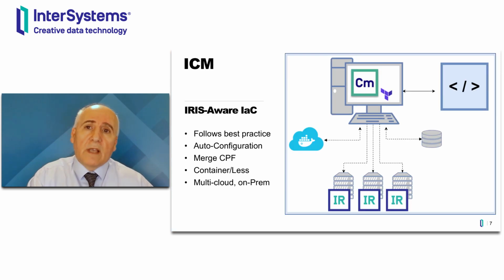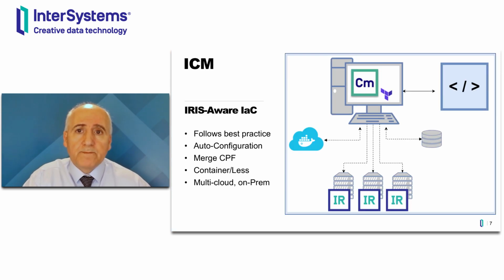The InterSystems IaC tool, ICM, however, improves on these technologies by having a native understanding of how IRIS and InterSystems products should be deployed. For example, ICM creates separate volumes for binaries, journal folders, and user databases, as is best practice.